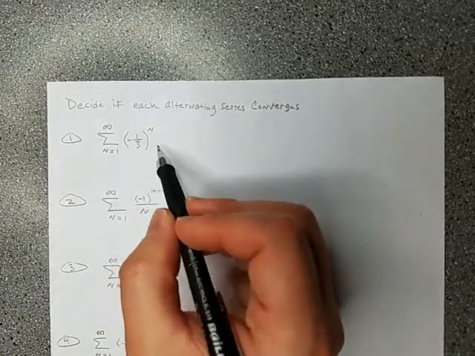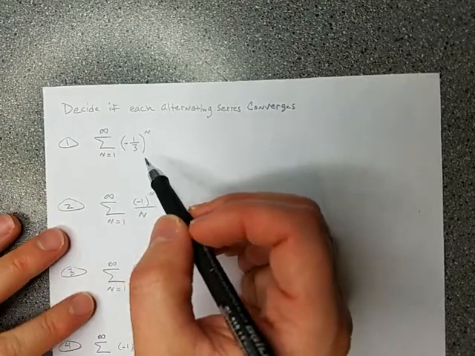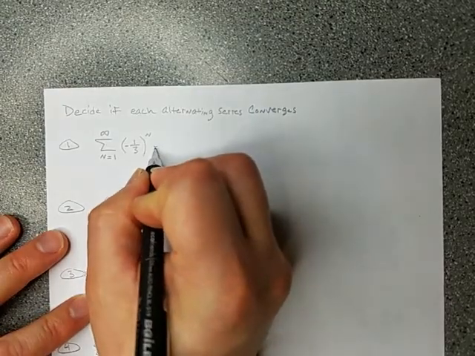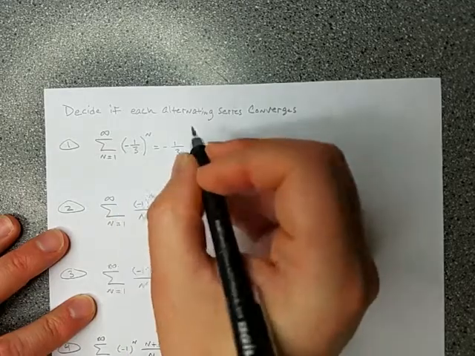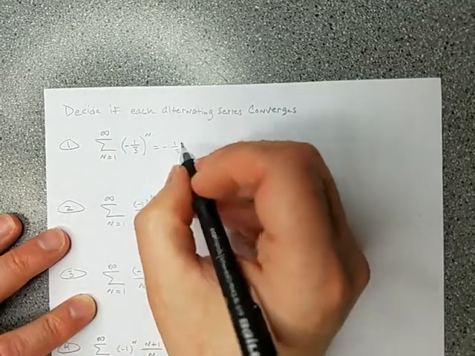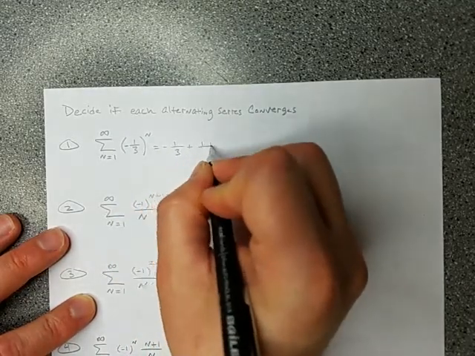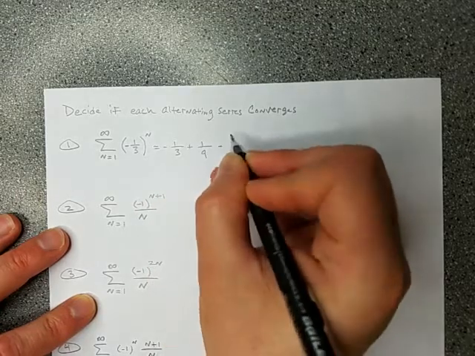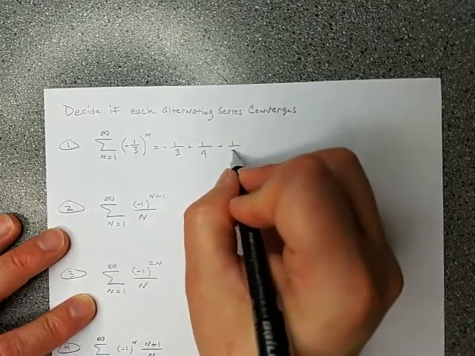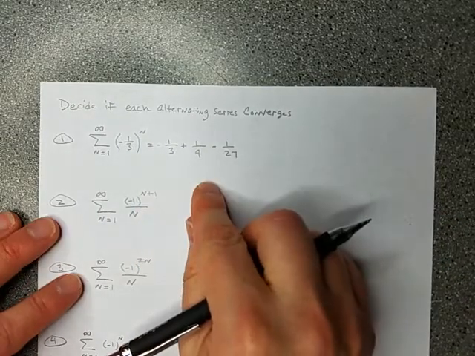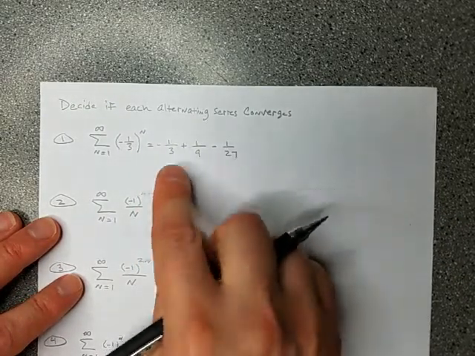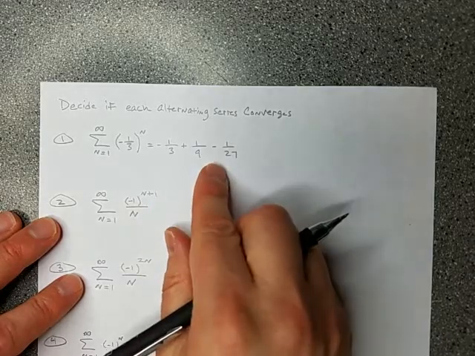Well, it looks like it's going to be an alternating series. Let's see, though. First term is going to be negative 1/3. Second term is going to be positive 1/9. And third term is going to be negative 1/27. And I'll take it as self-evident that, yes, it is alternating. The signs will change from minus to plus.